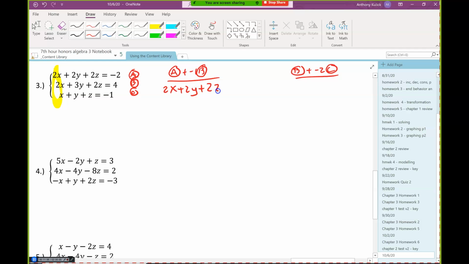So I guess there's no reason that I can't. And then I do the other one. What did we do here? B. So recopy my B. And then negative 2 times C.